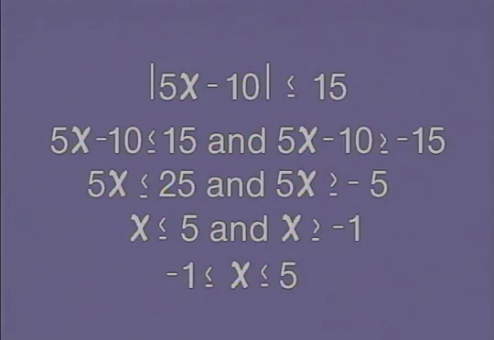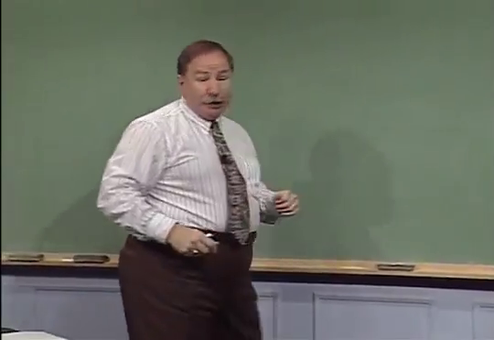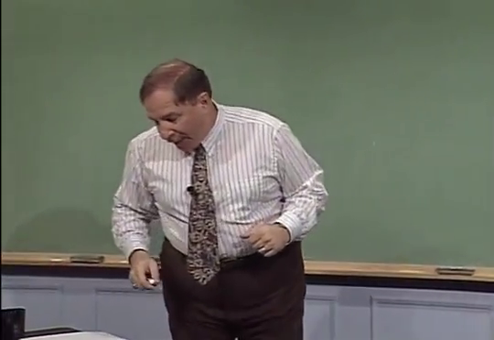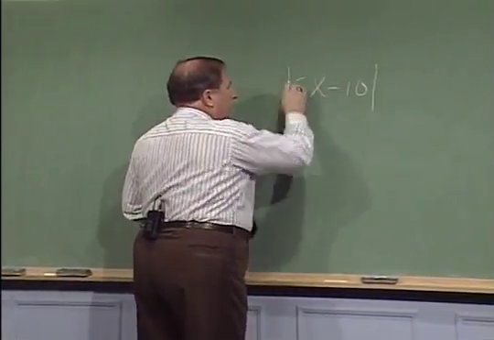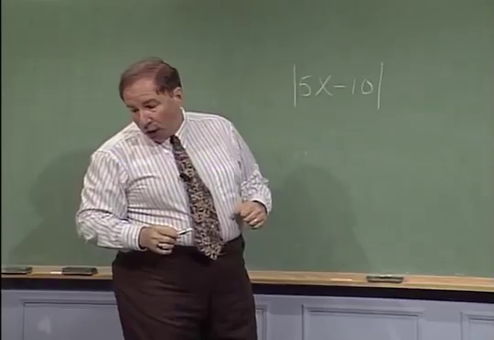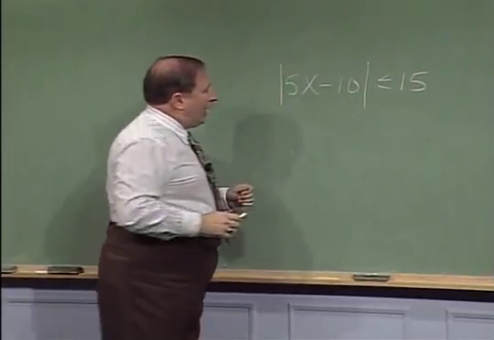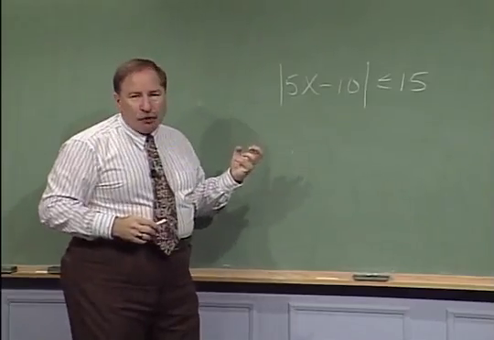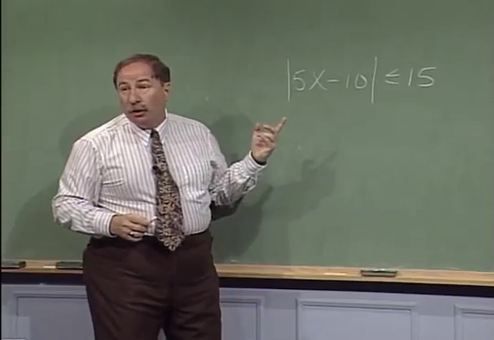In fact, let's go to the board and take a look at what that inequality would look like, and then we'll go back to the visual to take a look at the solution again. 5x minus 10, absolute value, is less than or equal to 15. Again, the way I look at that is you are closer than the walls, which means you've got to be inside the walls.